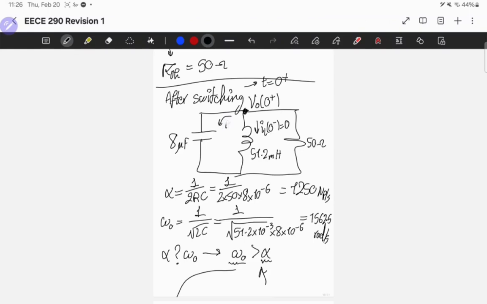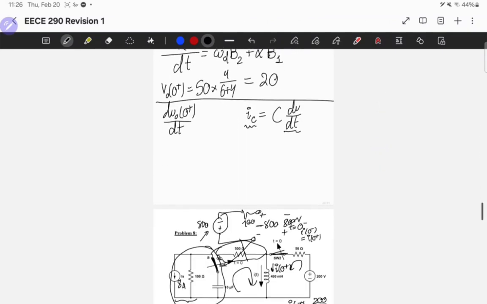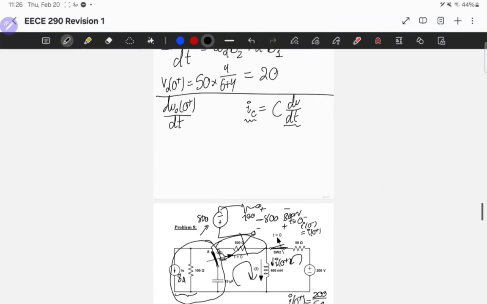So I need to figure out the current in here. I see the current in here is 0. We agreed on this. And the current in here is basically V0 plus over 50. Let me add another page.